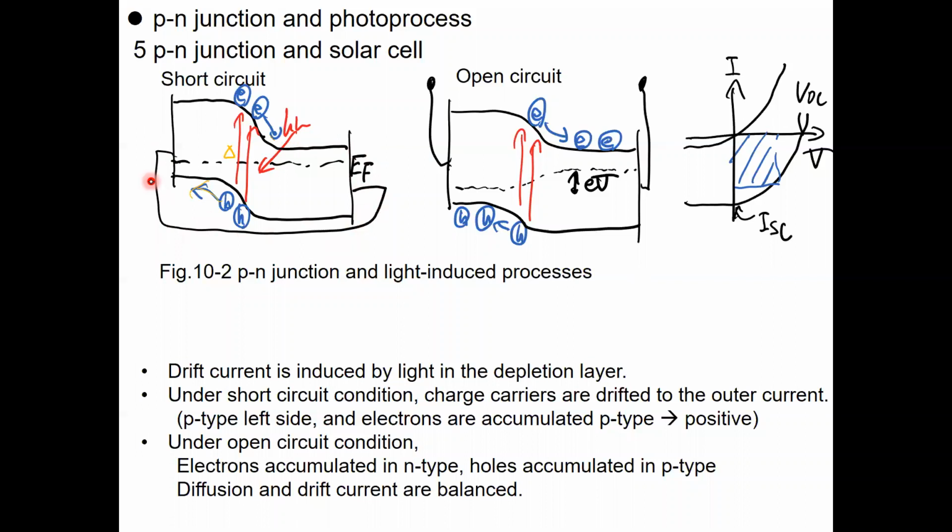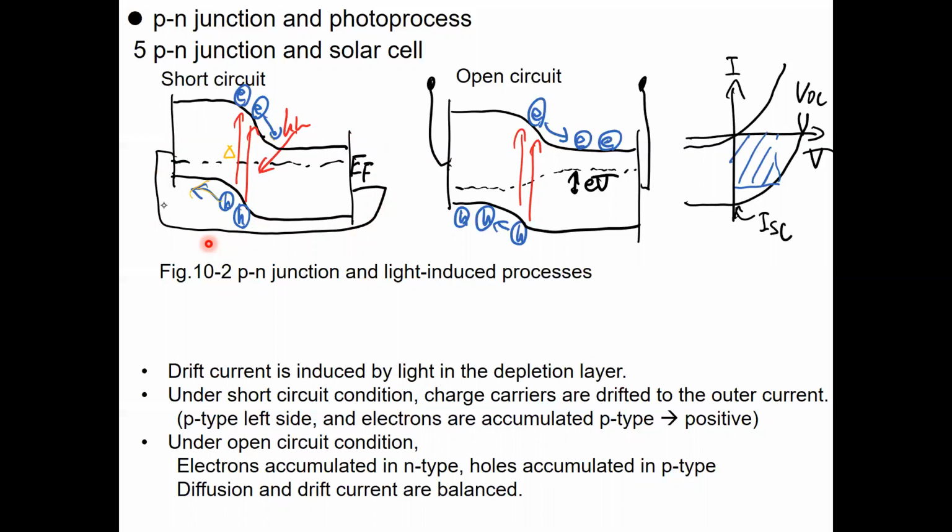So this is the easiest explanation of solar cells. You illuminate the light in a depletion region to generate electrons and holes, and then they are moved due to the drift current to extract these charge carriers to the outside circuit.